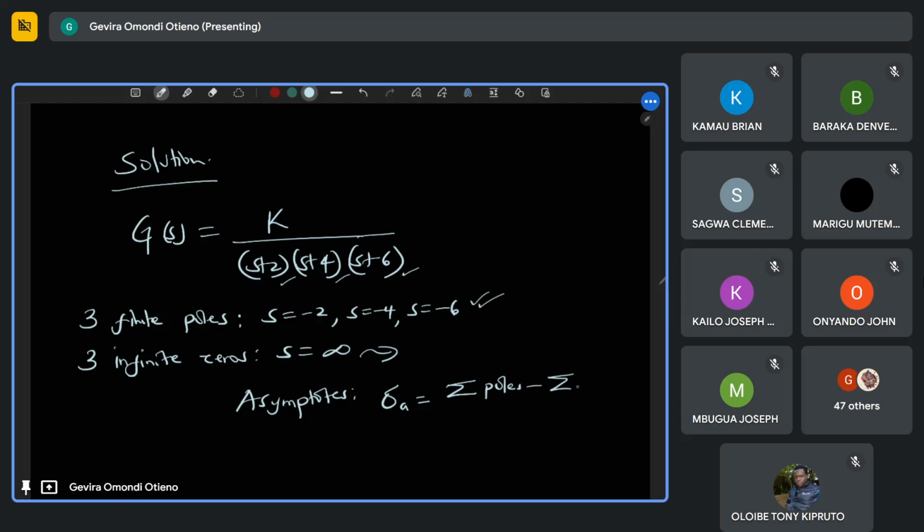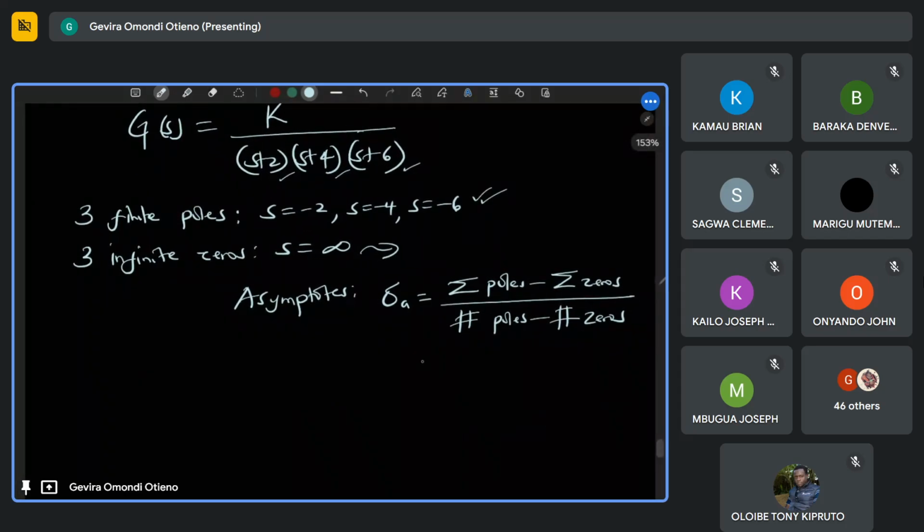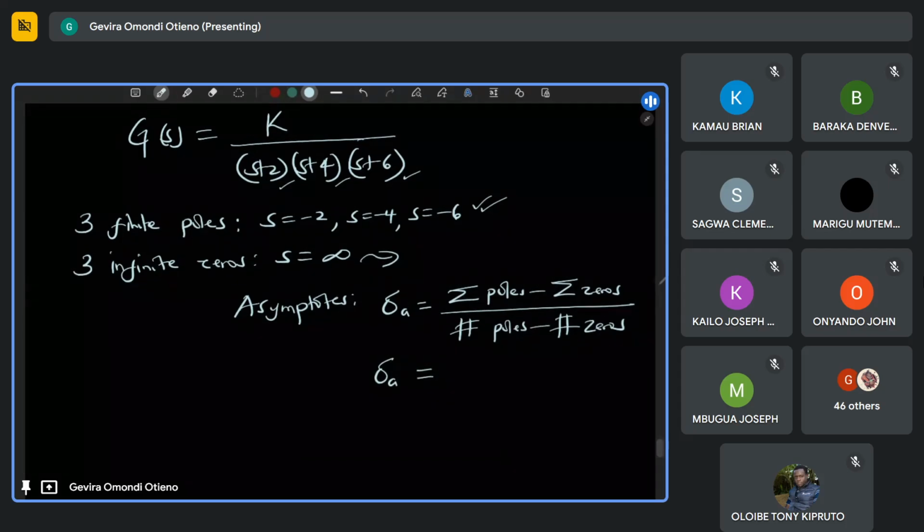The summation of finite poles minus the summation of finite zeros, over the number of finite poles minus the number of finite zeros. Okay? So that is how we obtain our centroid. And in this case, we can see that the finite poles are 3. So we substitute that because it's just the sum.